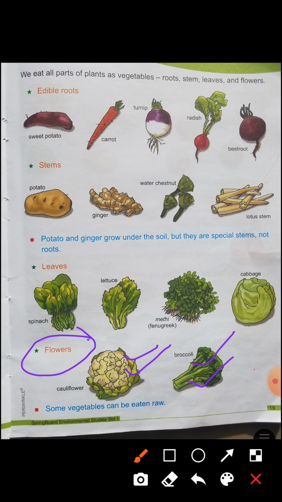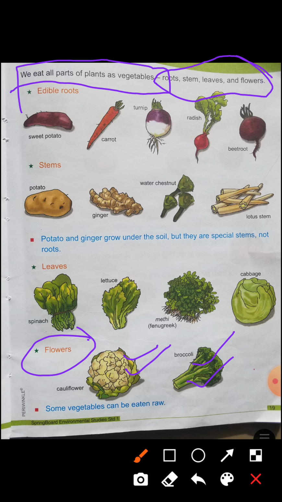So first of all I told you students, we eat all the parts of the plant as vegetables. There are four parts of the plant, that is roots part, stem part, leaves part and flower part. These four parts we are eating as vegetables.